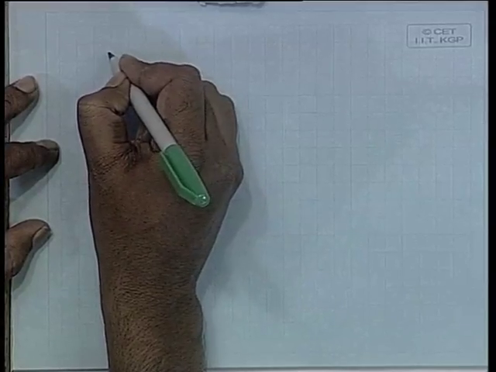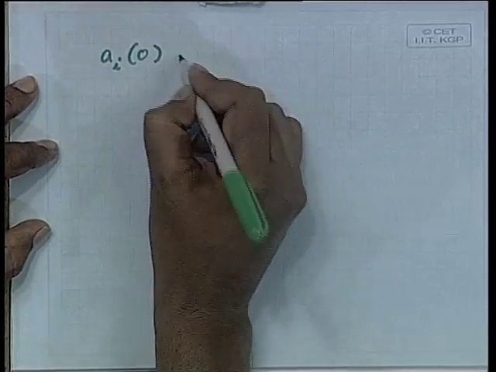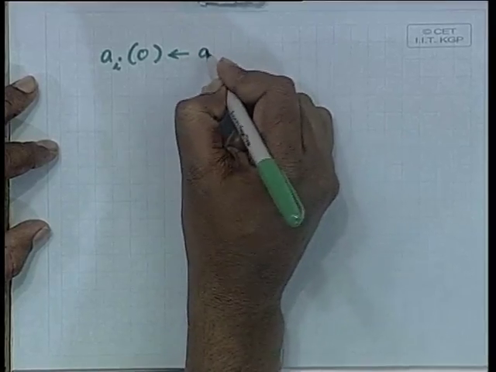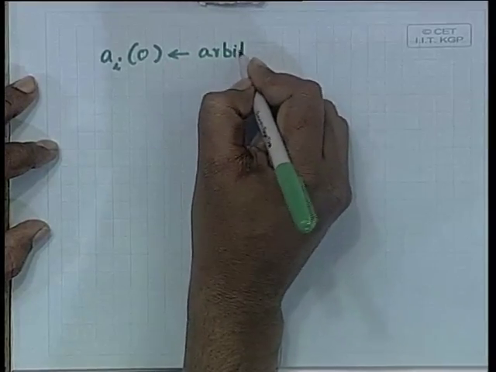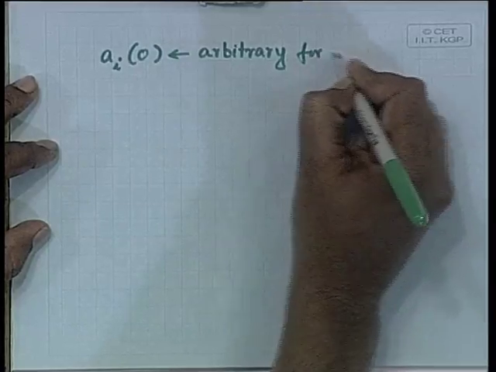So, the weight vector updation rule in this case can be simply like this. Initially, I assume that A i 0 is arbitrary for all i.